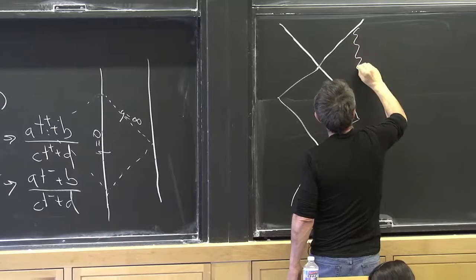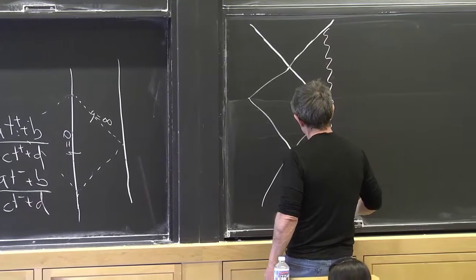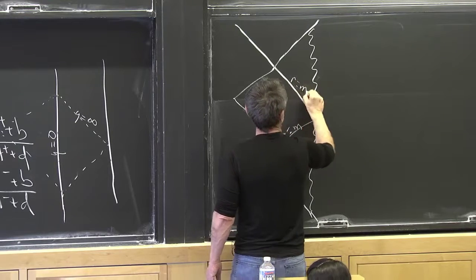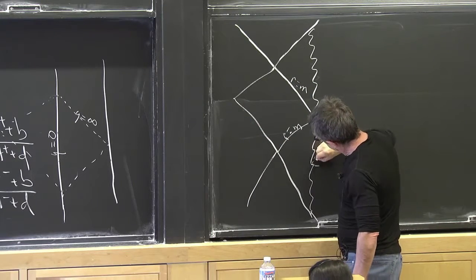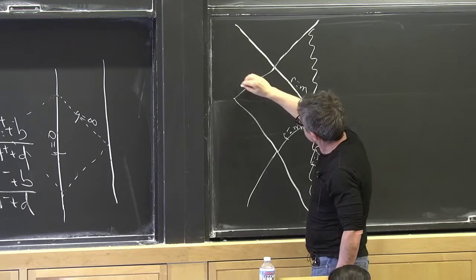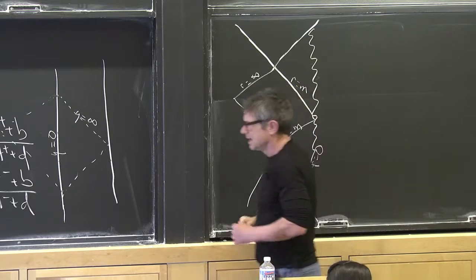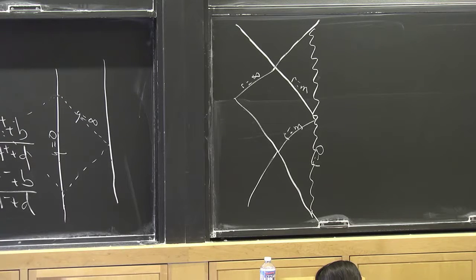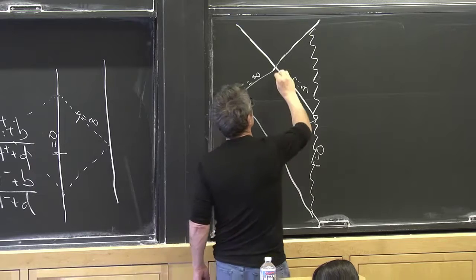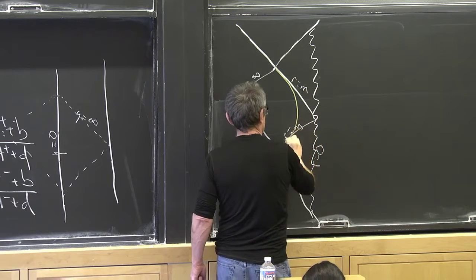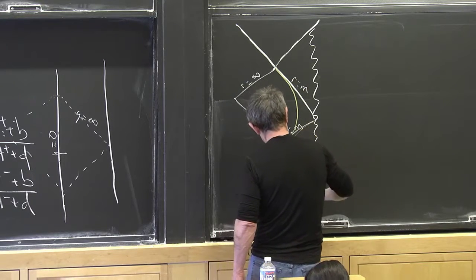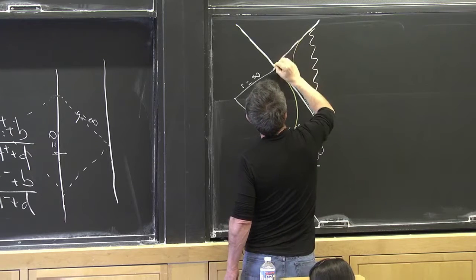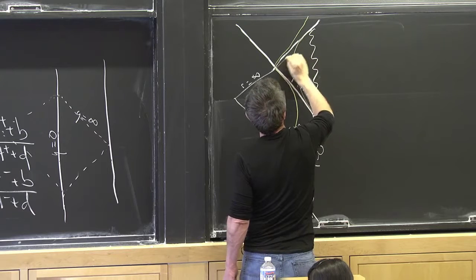So here we have the singularity. Here's r equals m, r equals m. Here's r equals 0. And here's r equals infinity. And the AdS2 region sort of hugs this.